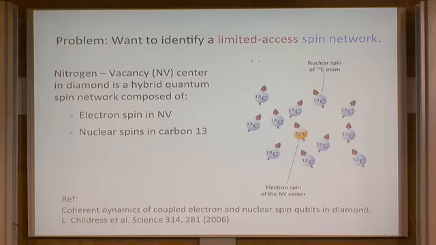This is a very nicely developed network in the nitrogen vacancy center in diamond. This system is composed of the electron spin in the NV and nuclear spins in the carbon around the NV. And we can do nice quantum gate operations or quantum computation among this network, composed of the electron in the NV and the nuclear spins in the carbon.